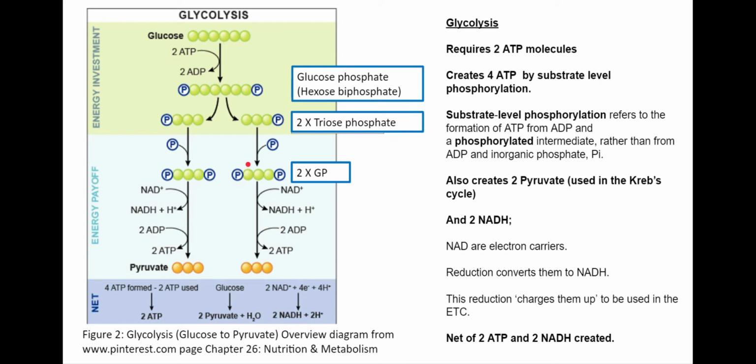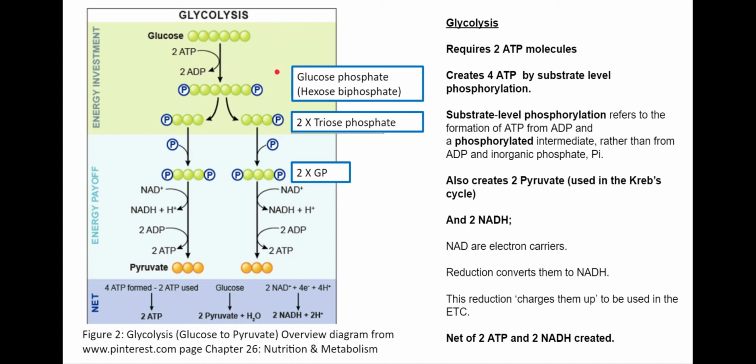So the first stage, glycolysis, we start off with a glucose molecule with 6 carbon molecules, and the most important point you need to know about what happens to glucose is it gains 2 phosphate molecules, and the term for this is phosphorylation.